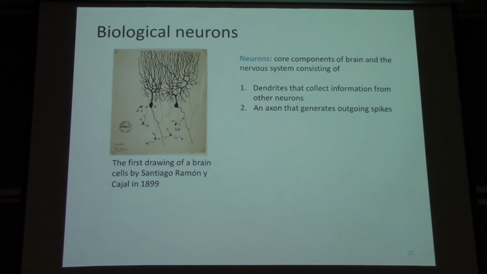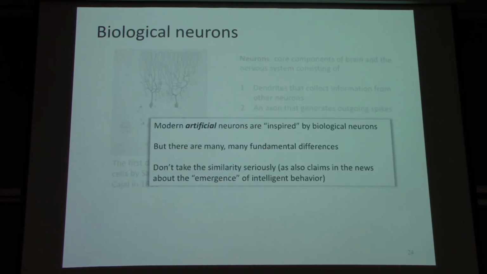None of this, it turns out, is directly involved with artificial neural networks. Artificial neural networks are supposedly inspired by biological networks, but there are so many differences that I urge you, please don't take the stuff that you see in the media about creating a brain too seriously, because it's written by people who don't know either one of these things.